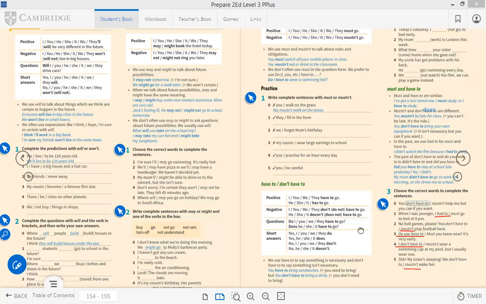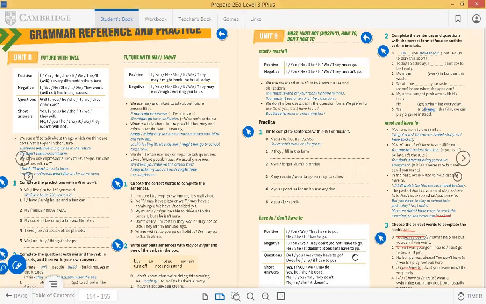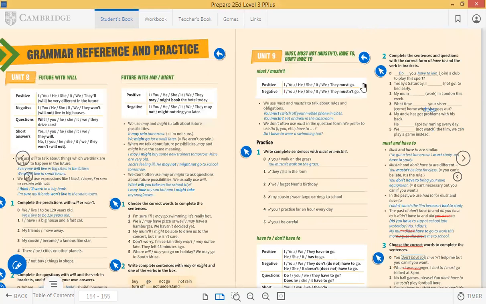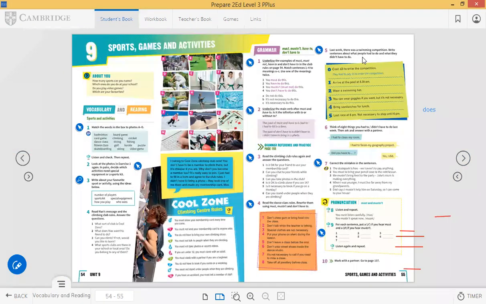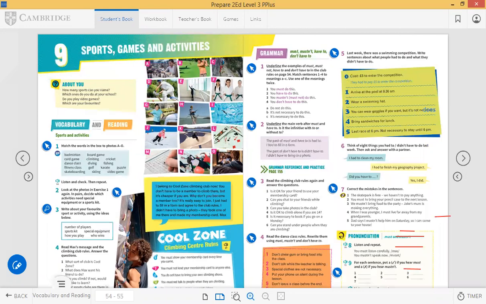Okay, guys. So, good solution in this exercise. All right, let's go back to the page where we were, page 55. Here we have exercises 3, 4, 5, 6, and 7.